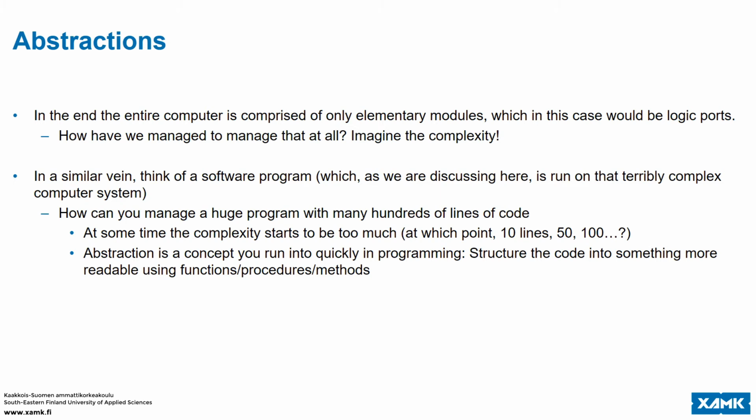Abstraction is a concept that you run into quickly in programming. So basically what we do in programming is we use functions or methods or procedures, depending on what these are called in the programming language. We structure code into smaller pieces and try to make code more readable by using these code collections.